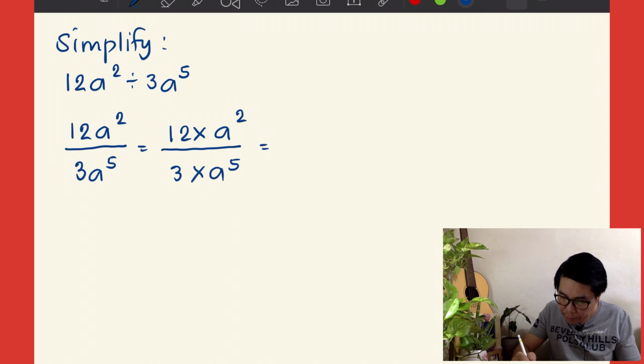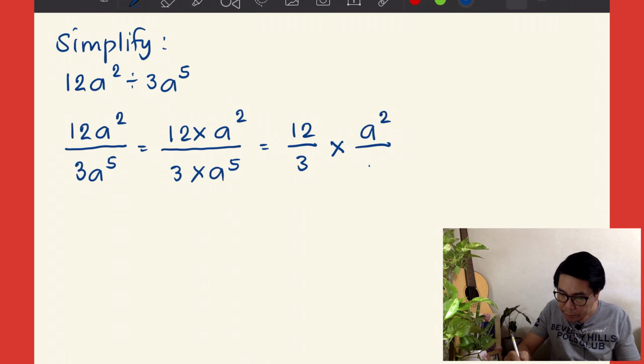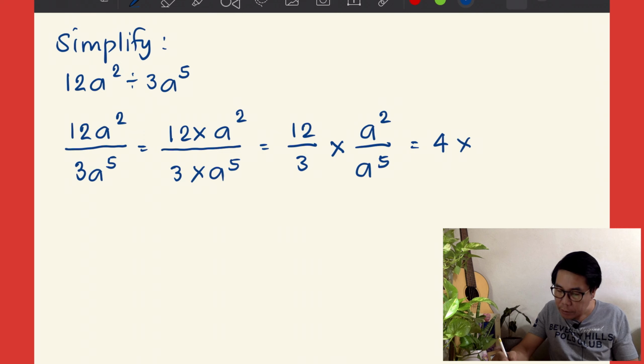So we have 12 over 3 times a^2 over a^5. 12 divided by 3 is 4, and then times a^2 divided by a^5 is equal to a raised to the power of 2 minus 5.